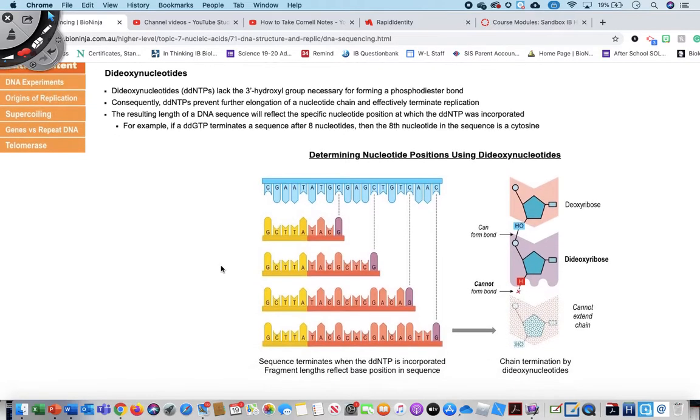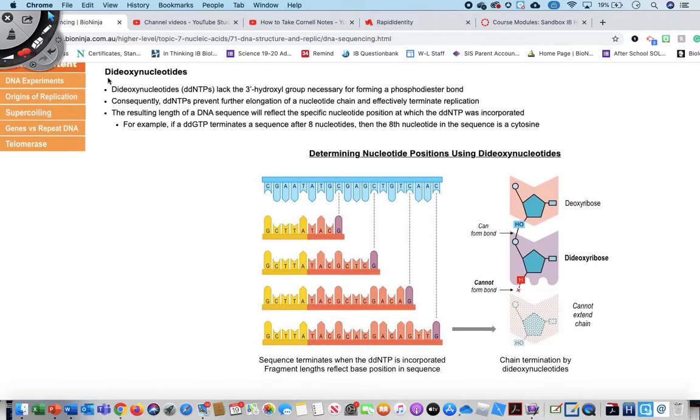So the first thing we need to understand is, what are these dideoxynucleotides? Like I said before, sometimes in your book or in your PowerPoints, you're going to see them referred to as dideoxyribonucleic acid. Don't be confused, they're the same thing, okay?